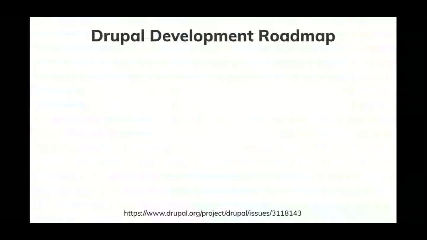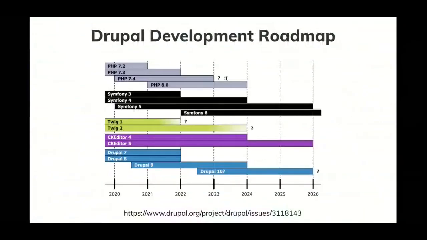You may have seen this image before on the web. We are in the middle of Drupal 7, Drupal 8, and Drupal 9. Right now we have the 3 versions, but Drupal 7 will reach end of life not at the end of 2021, but at the end of 2022.